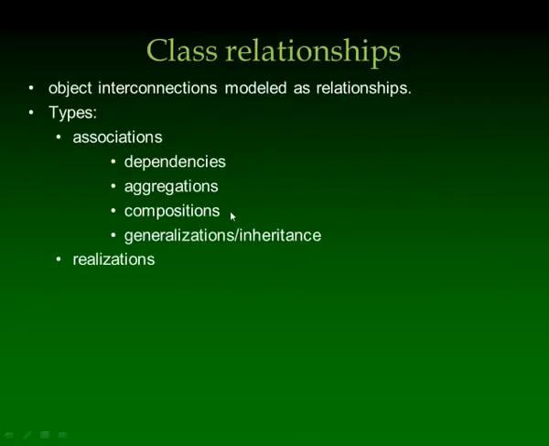We'll talk about it in more detail later. Okay, generalization and inheritance: class B extends class A or vice versa. And then realization is class B realizes class A or vice versa. That means that in generalization and inheritance, class A has to be a class. For realization, it could be an abstract class or an interface.